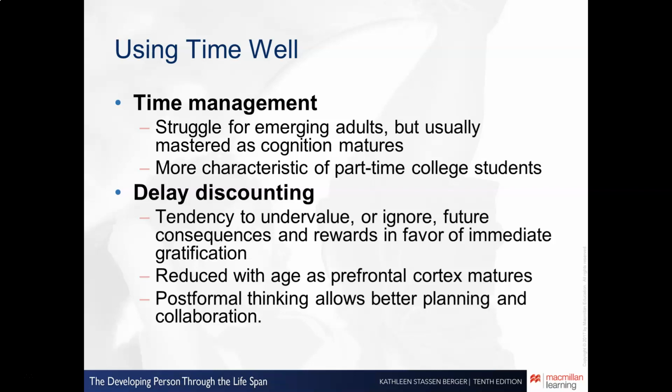Now, one thing that's important in discussing this phase of development is the idea of using time well, and they refer to that as time management. That is often a struggle for emerging adults, but as cognition matures, young adults gain more skill at time management.